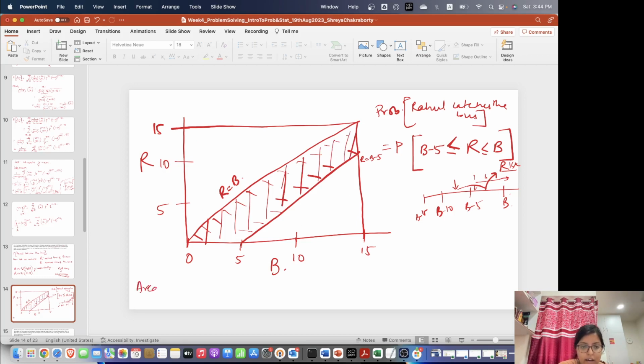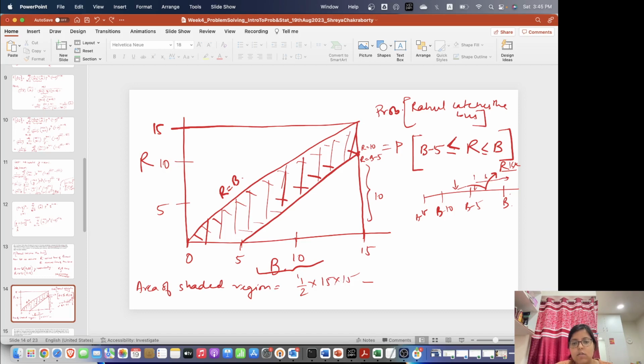So what is the area of the shaded region? It is the area of the total triangle, half into 15 into 15, minus the area of this smaller triangle. When B is 15, R is 10, so this length is 10 and this length is also 10.